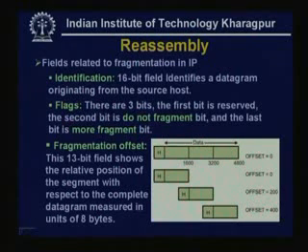There are 3 flag bits. The first bit is not used, it is reserved. The second bit is the do not fragment bit, and the last bit is the more fragments bit.